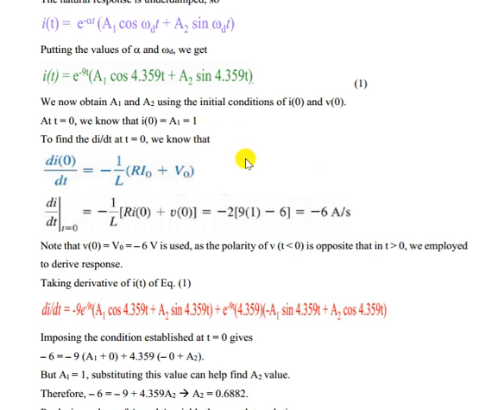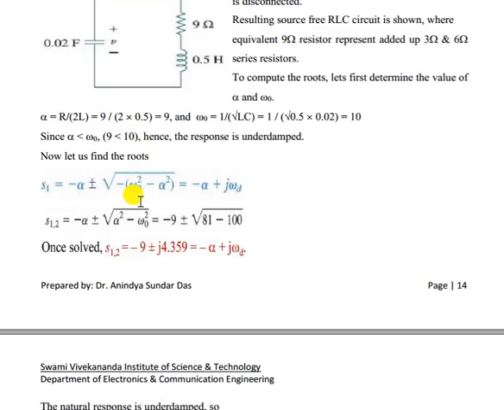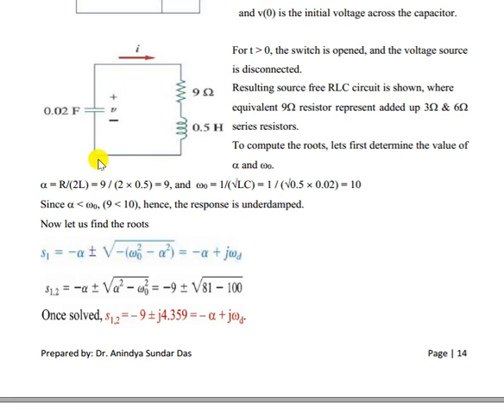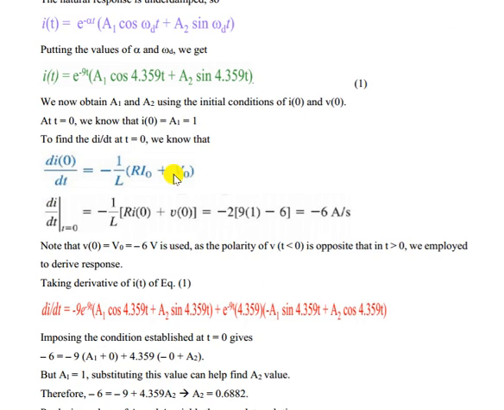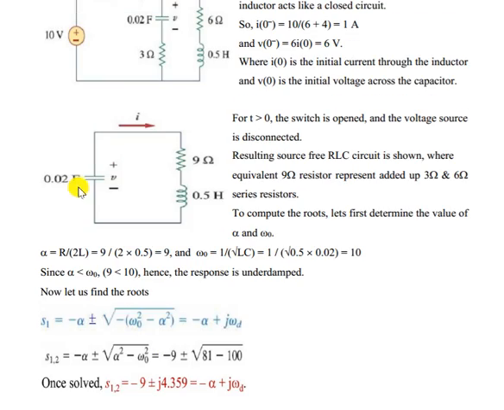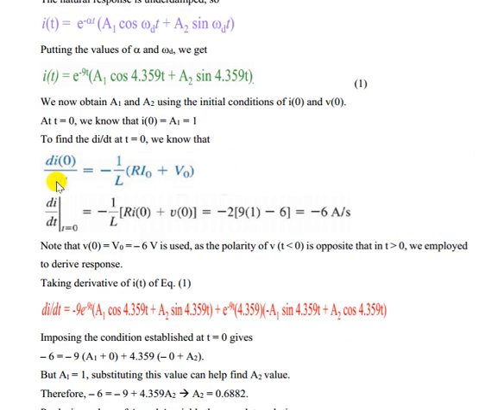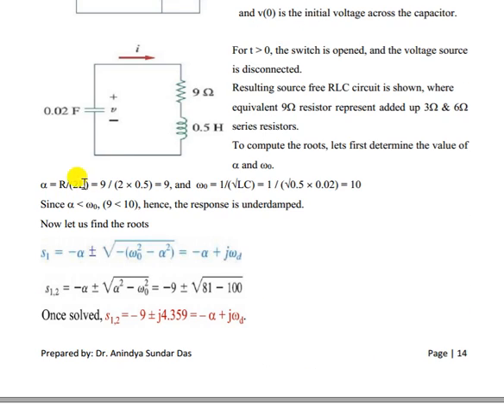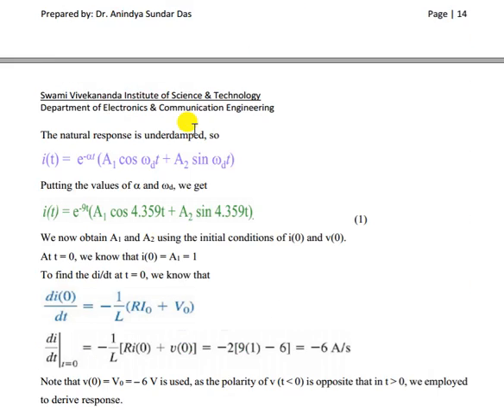Now we have to find out a2. For that what do we have to do? We have to find out di by dt. Now if we want to find di by dt, how can we find it? From this series circuit we can find it. Just apply the KVL here, and if you rearrange, you will get L di dt, V0 and R i0, right?